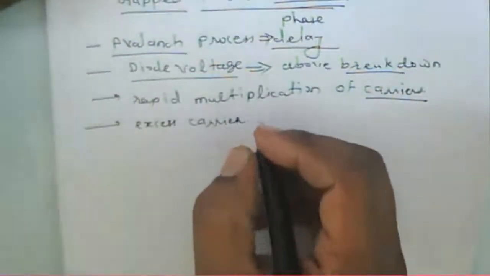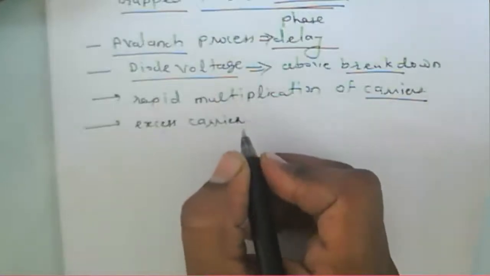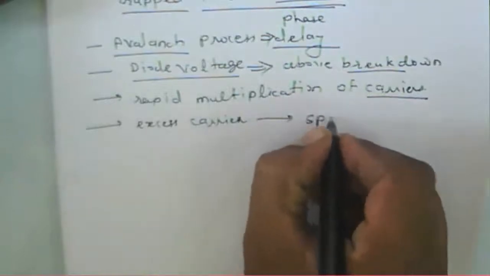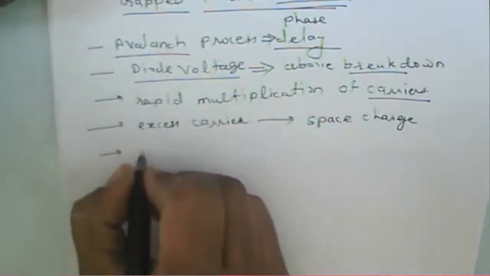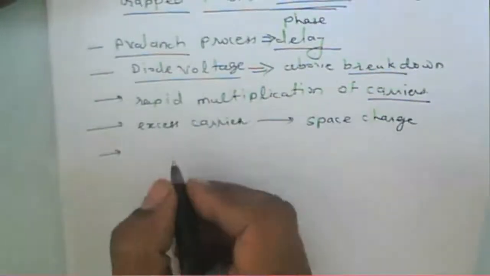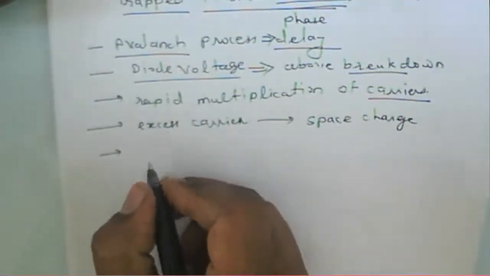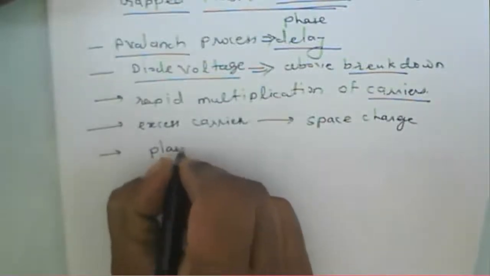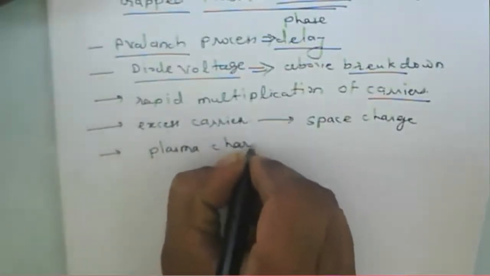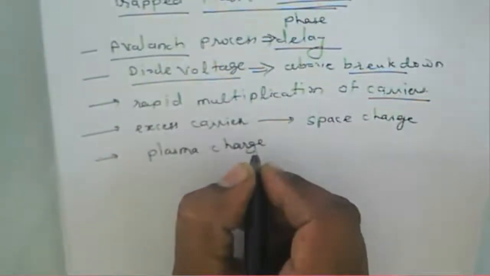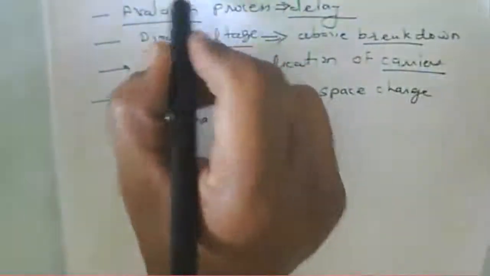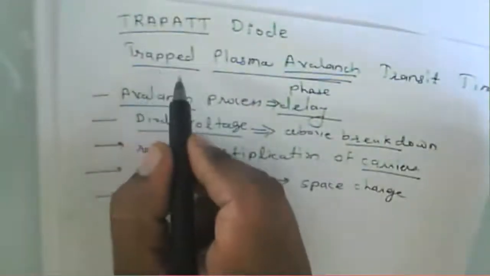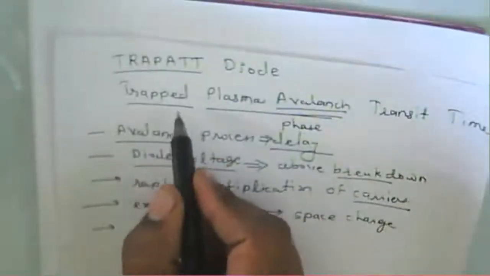These excess carriers cause the space charge, and the space charge present above the breakdown voltage is called a plasma of charge. So here we have a trapped plasma, hence the word trapped diode.